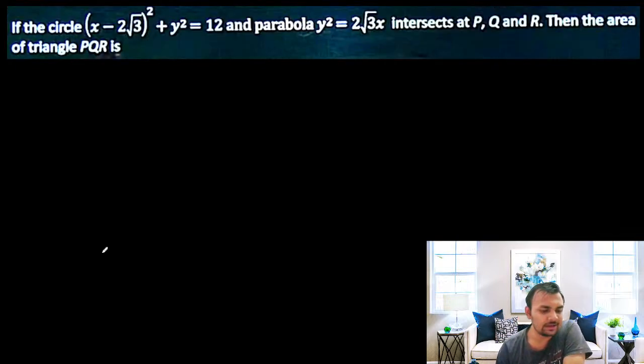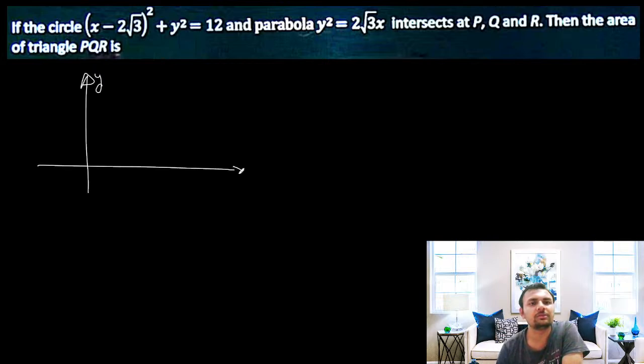If the circle x minus 2 root 3 whole square plus y square equals 12, and a parabola. So let's draw the circle. I think this circle is passing through the center 2 root 3 comma 0. And we have a parabola somewhere like this.